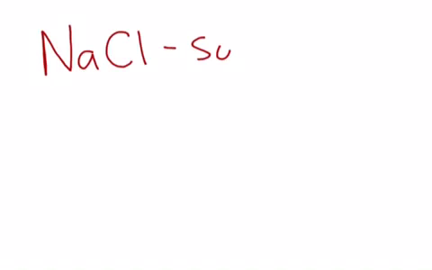Let's have a look at another example. Let's have a look at salt. Salt has the chemical formula NaCl. The chemical name of salt is sodium chloride.